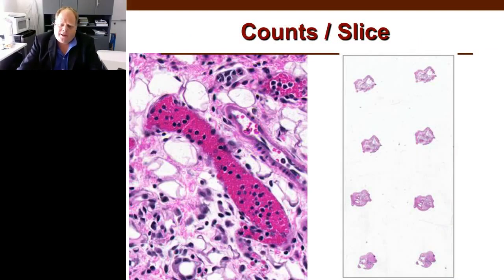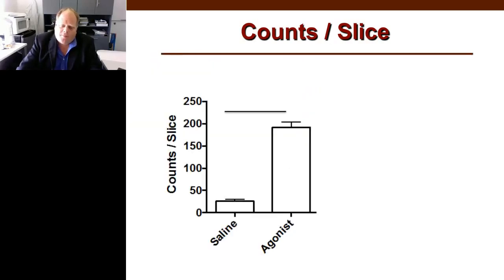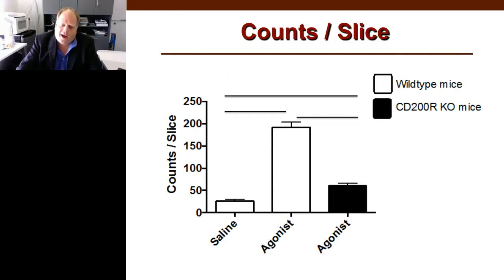If we took the 8 different sections of skin and just counted the cells that are infiltrating, we can show that our antagonists, I apologize again, it's supposed to be antagonists, significantly enhance chemotaxis or leukocyte infiltration into the area. And we repeated that, showing that if you knock out the receptor, you don't get that.